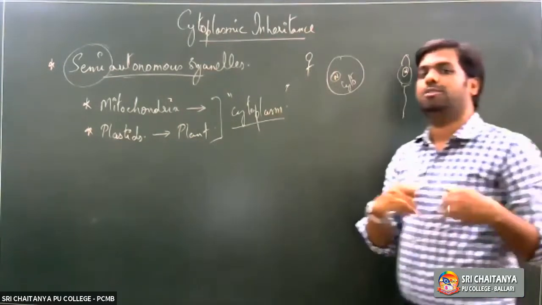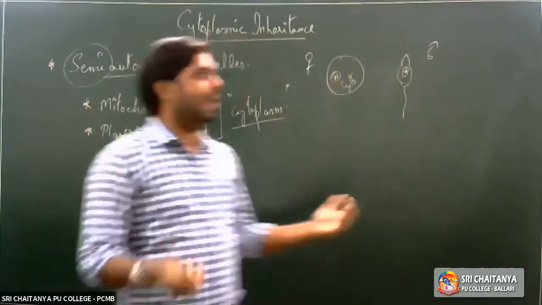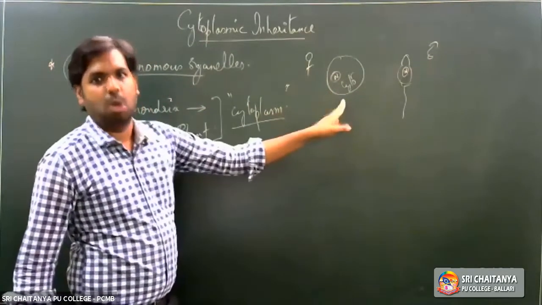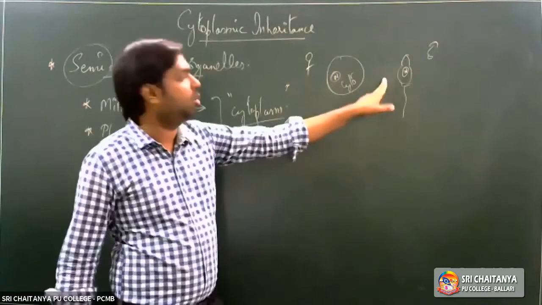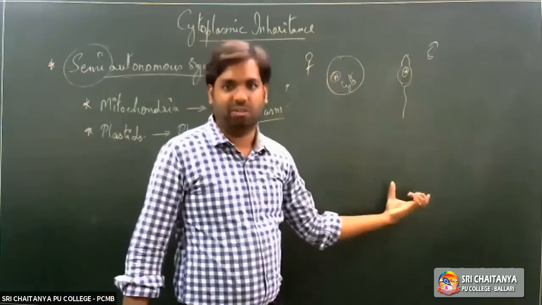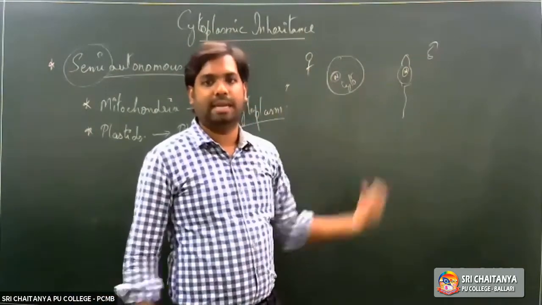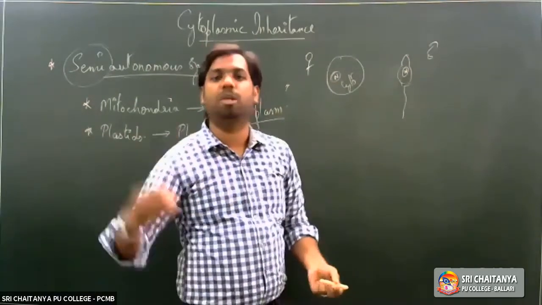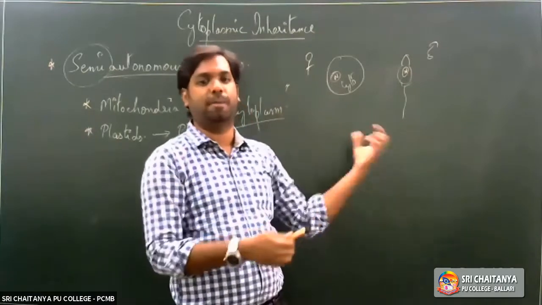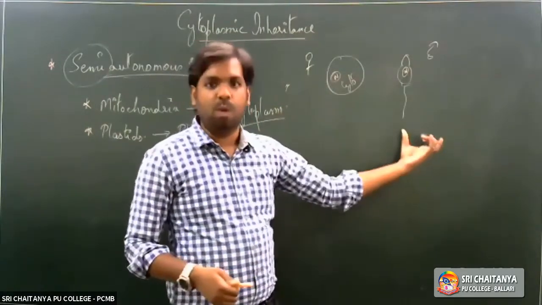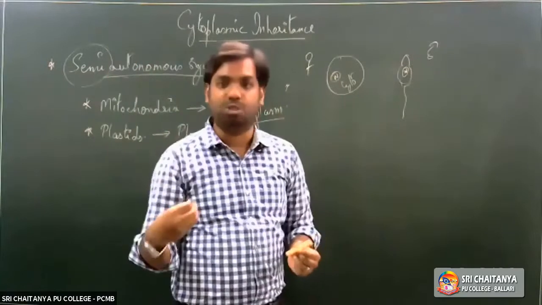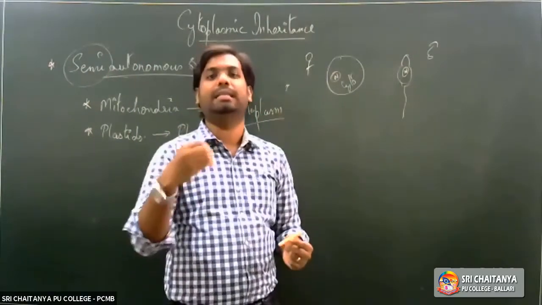If you remember, in the last phase of spermatogenesis, the spermatids are transformed into sperms, and one of the changes we saw was that the cytoplasm is completely reduced, with some seen only in the tail region.